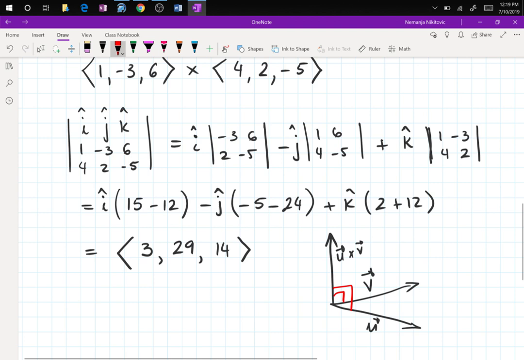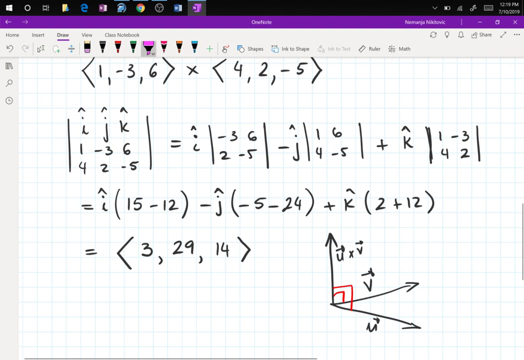Grade pitfall is right here. For whatever reason, you forget the negative in front of j. So make sure you have positive i, negative j, positive k. One more time. Positive i, negative j, positive k.